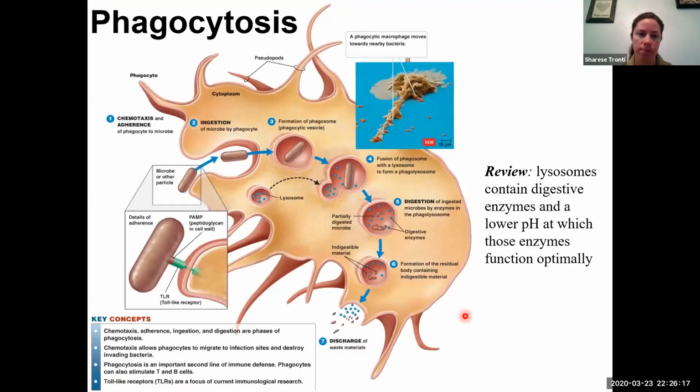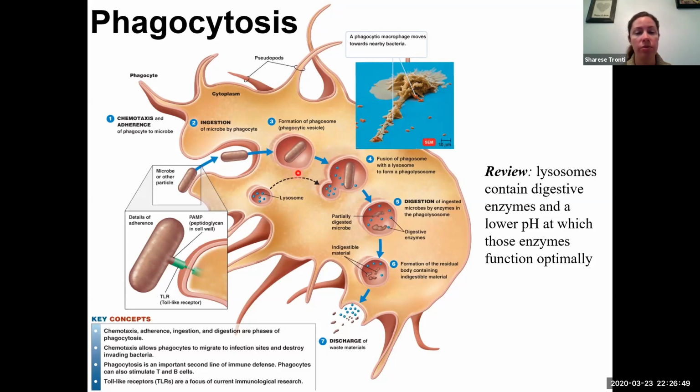So again, through chemokines, this is the phagocyte, the whole big part. This phagocyte will be brought into the area of infection. It will come into contact with a microbe. These are the microbes here. And then it will adhere to the phagocyte membrane. Then it will be ingested via phagocytosis, and that will form the phagosome.